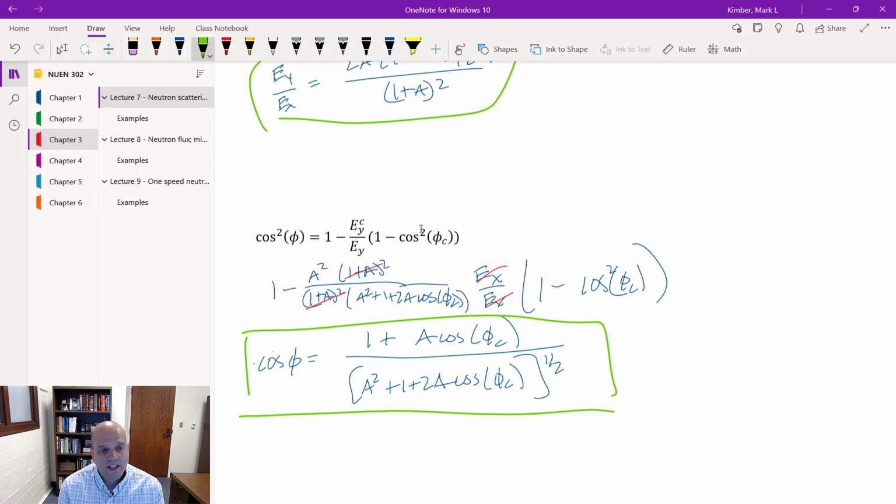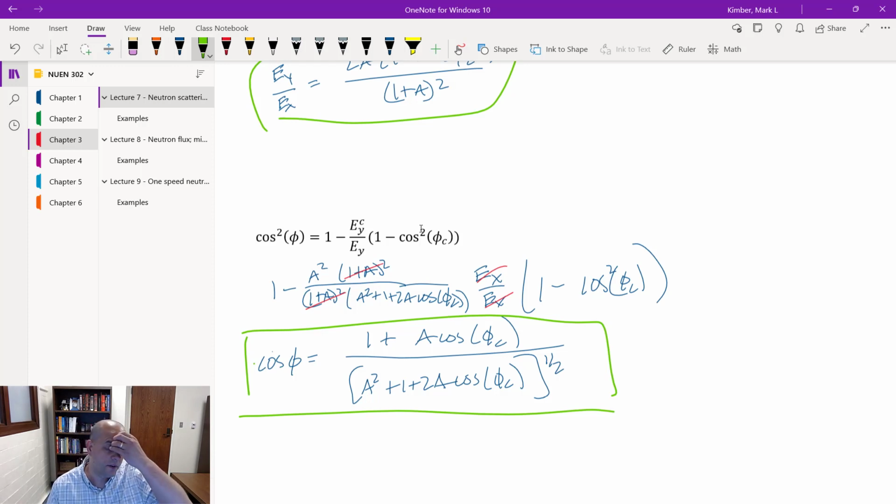expressions that as inputs will take the kinetic energy of the neutron coming into the scattering event, so that's EX or EN. And then I've got the energy leaving, what the neutron is leaving that interaction, and what the heavy particle is leaving that interaction. And I know what the lab scattering angle is. And so each of these are functions of EX, they're functions of phi sub c.